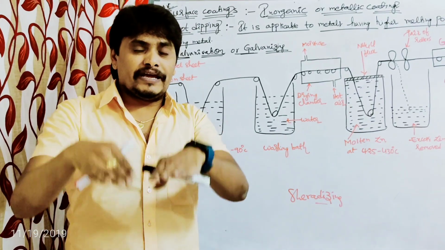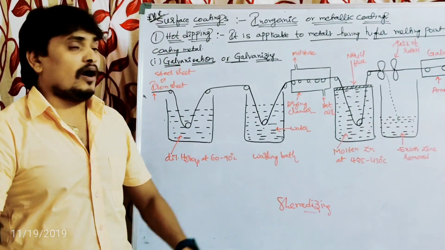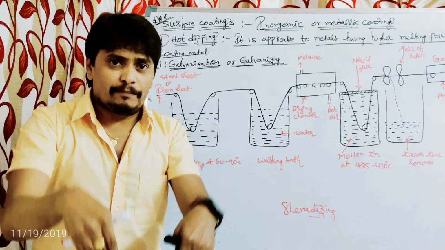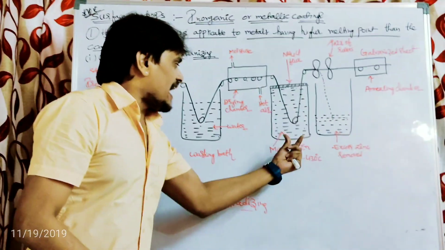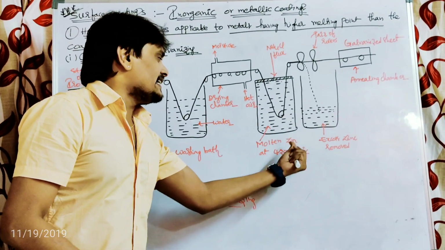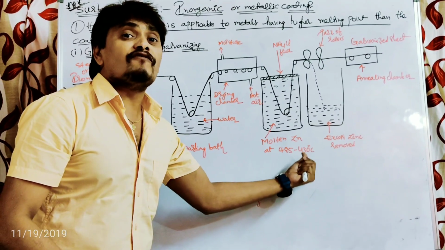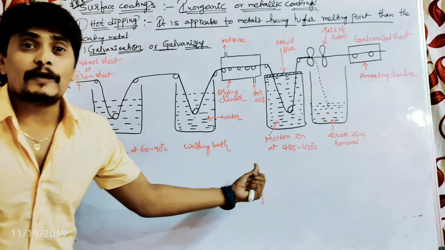Now, this base metal, free of sulfuric acid molecules and moisture, should be immersed or dipped into the chamber containing hot molten zinc, which is maintained at 425 to 430 degrees centigrade.